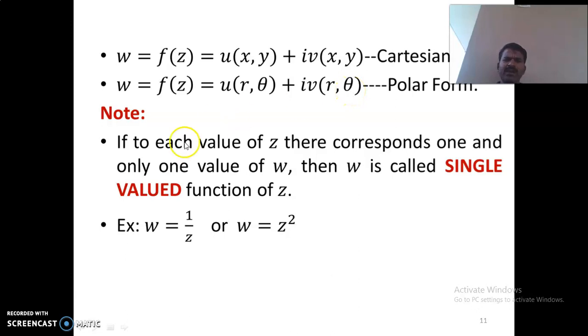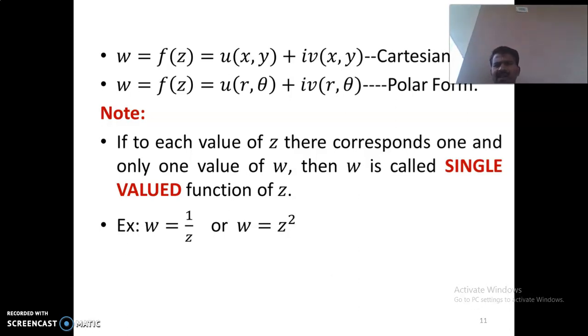We notice that if to each value of z there corresponds one and only one value of w, then w is called a single valued function of z, which maps onto only one value of w. That is, the image is also single valued.